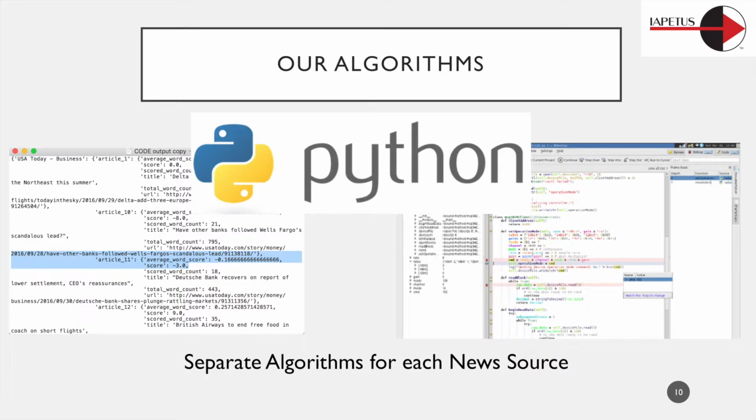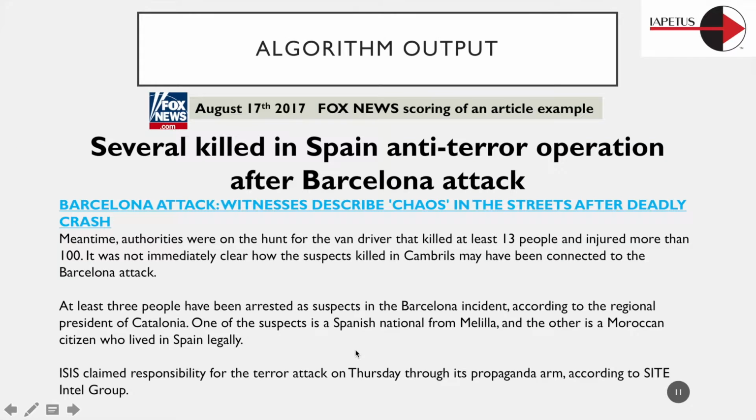Multiple algorithms. So we use Python to do our work. So we have separate algorithms for each news source, and they get pretty complex. These are some earlier renditions. So for example, algorithm output for Fox News back on August 17th, right?